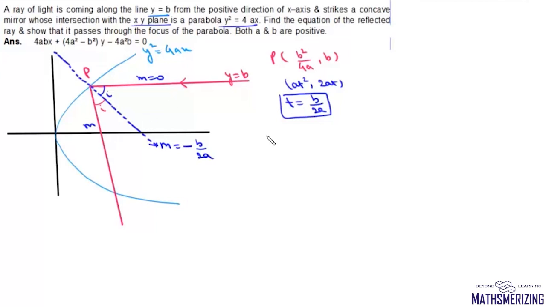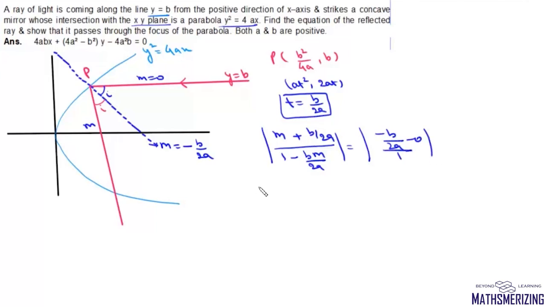So we can write (m2 minus m1) upon (1 plus m1 m2). With m1 as minus b upon 2a and m2 as m, it will be equal to (minus b upon 2a minus 0) upon 1.